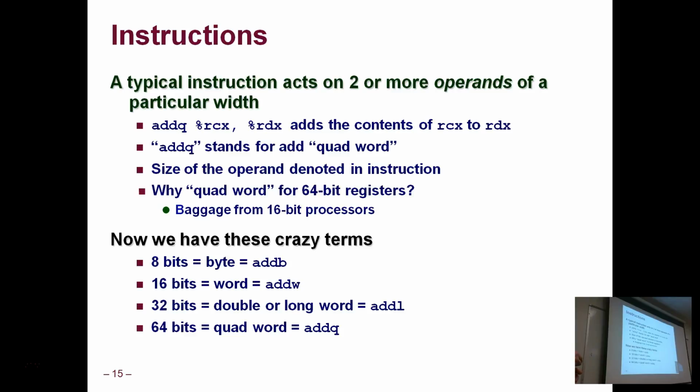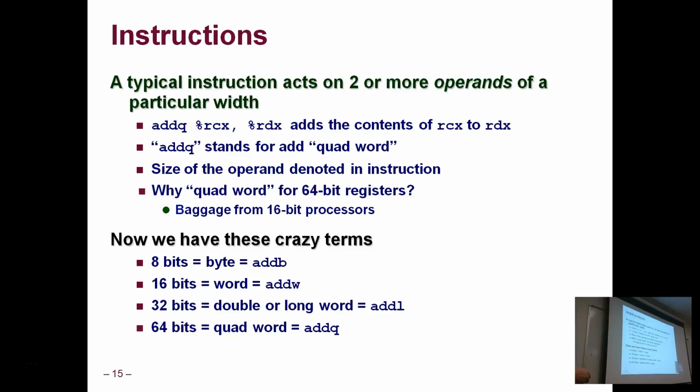In x86, the size of the operand is denoted in the instruction and in the register labels. This is a 64-bit instruction because the registers you're using are RCX and RDX, and it has a quad at the end. Add quad is a quad word, which is the 64-bit version. Q is considered a quad word because when we went from an 8-bit architecture to a 16-bit one, we called the 8 bits a byte and the 16 bits a word.